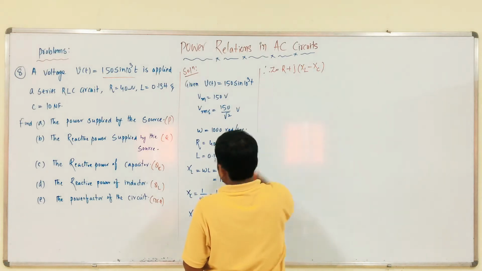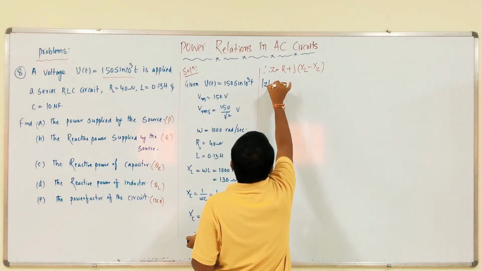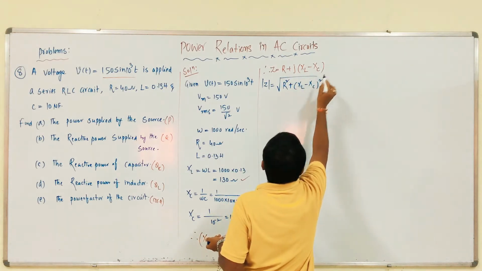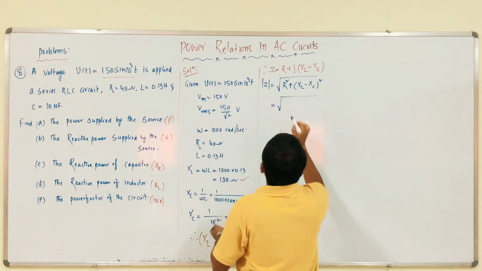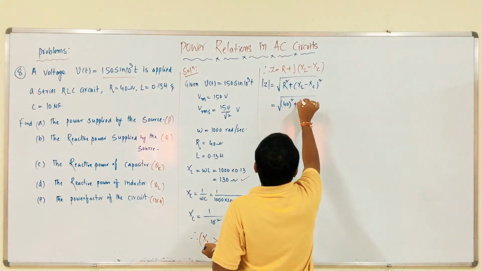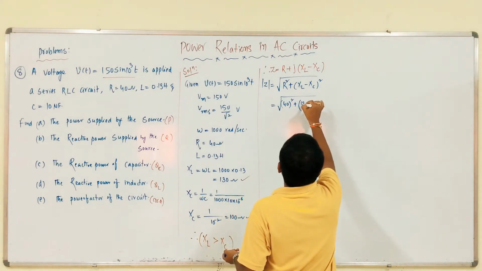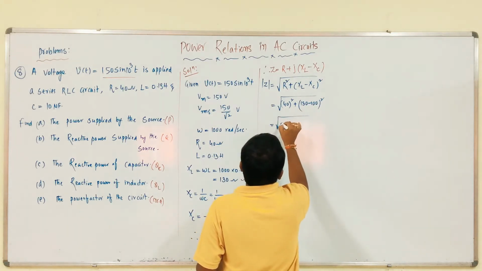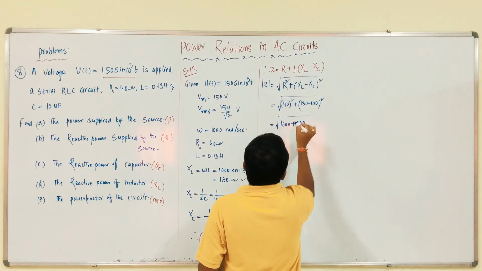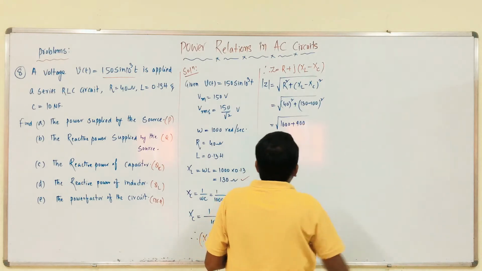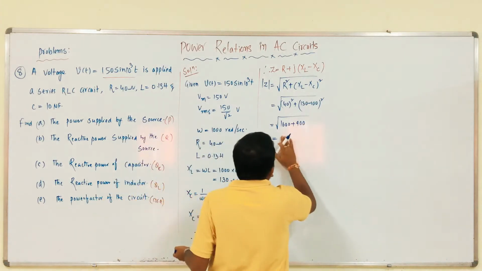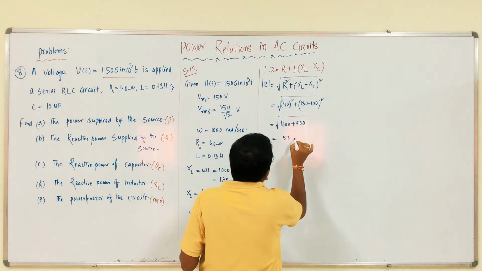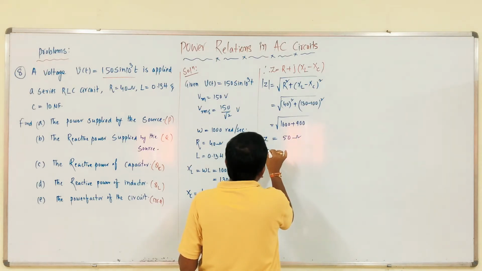From this, mod Z is the square root of R square plus XL minus XC whole square, which equals 40 square plus 130 minus 100 whole square, which is 1600 plus 900. We got 2500, that is Z equals 50 ohms.